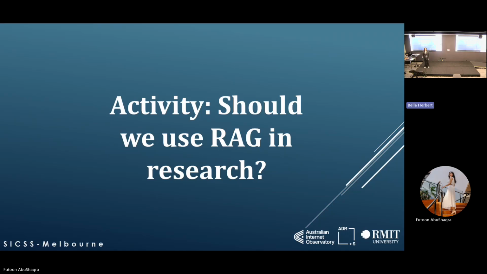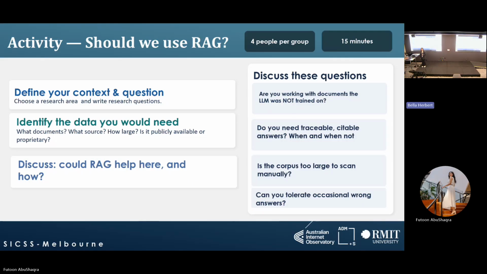The activity for today is going to be a group activity. I would suggest four on each table, or three. For the activity, I would like you to take around 15 minutes discussing your research with others, then focus on one research, maybe something that one of you works on or all of you work on, or something you just imagine as an example, and identify the research questions.